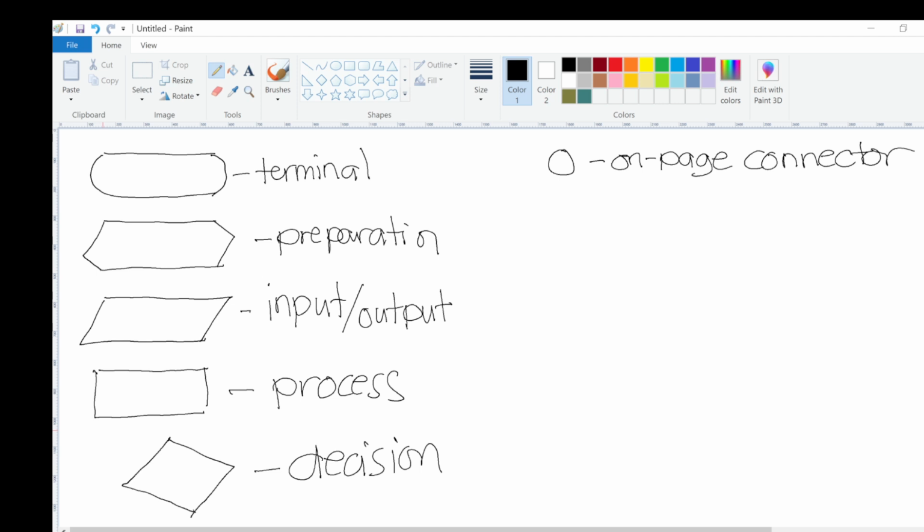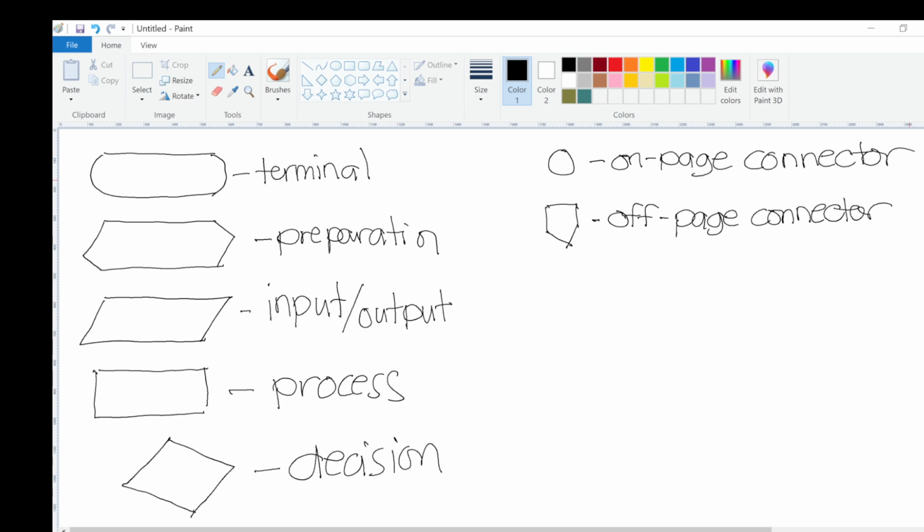Next is the off-page connector. The function of the off-page connector is similar to that of the on-page connector.